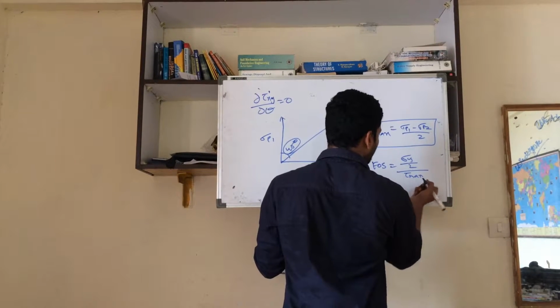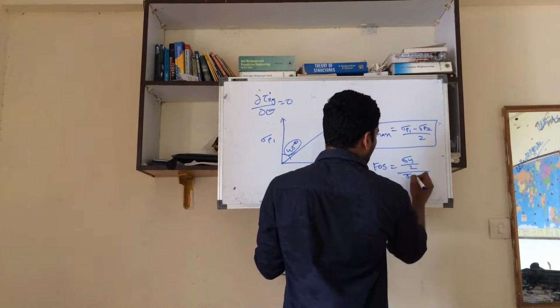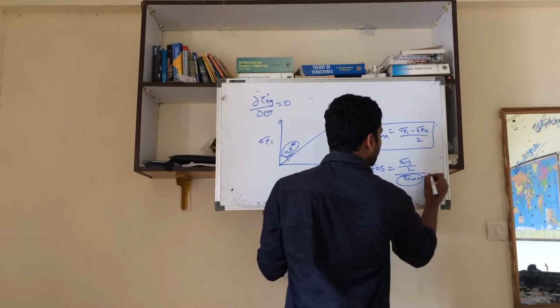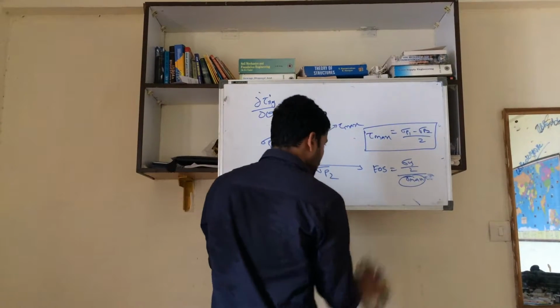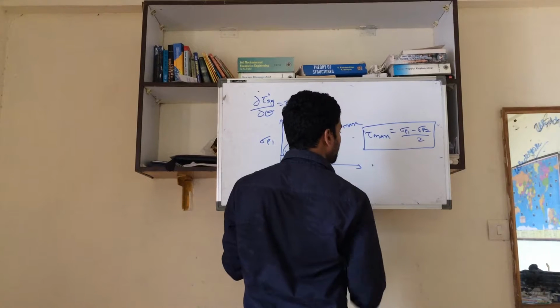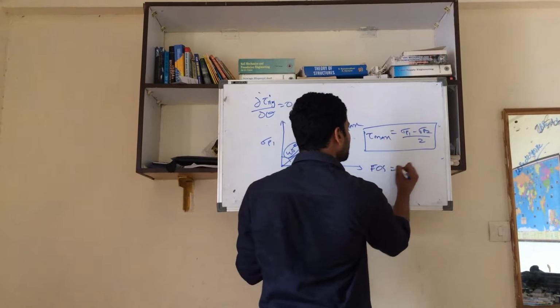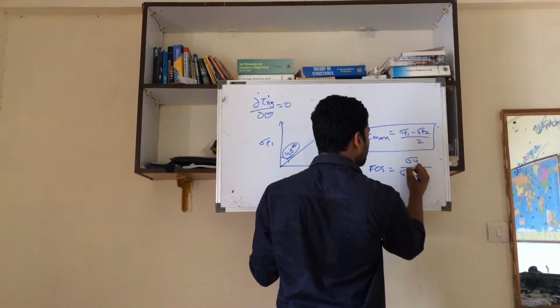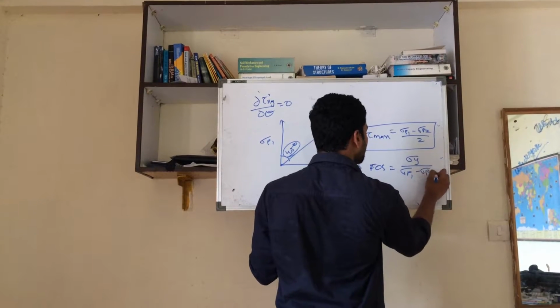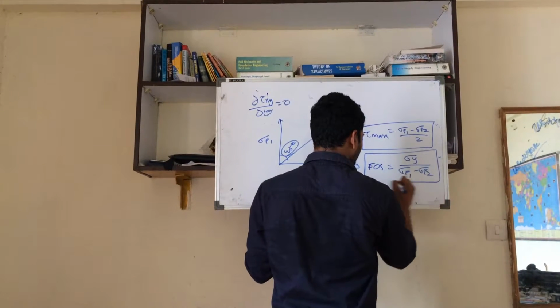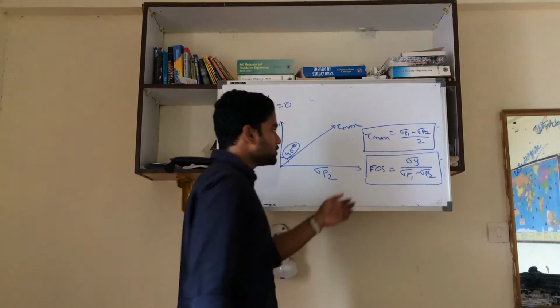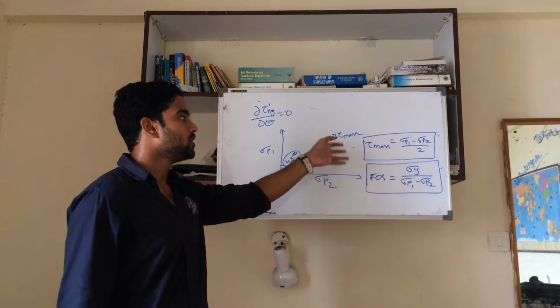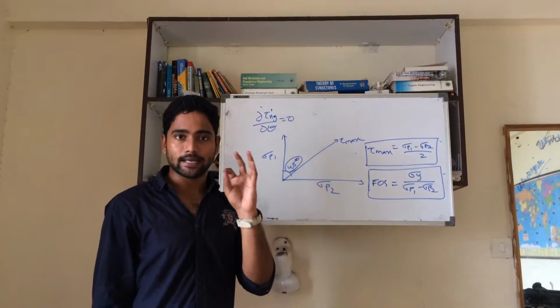Tau max, not tau max by 2, tau max. Tau max normally you get as sigma p1 minus sigma p2 by 2. That is, the factor of safety would be equal to sigma y by sigma p1 minus sigma p2. This is used in the maximum shear stress theory, which is normally used for designing ductile materials.